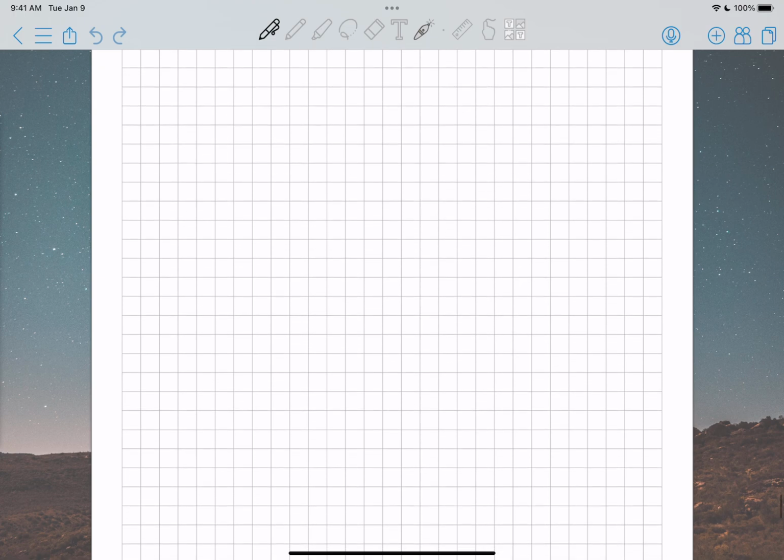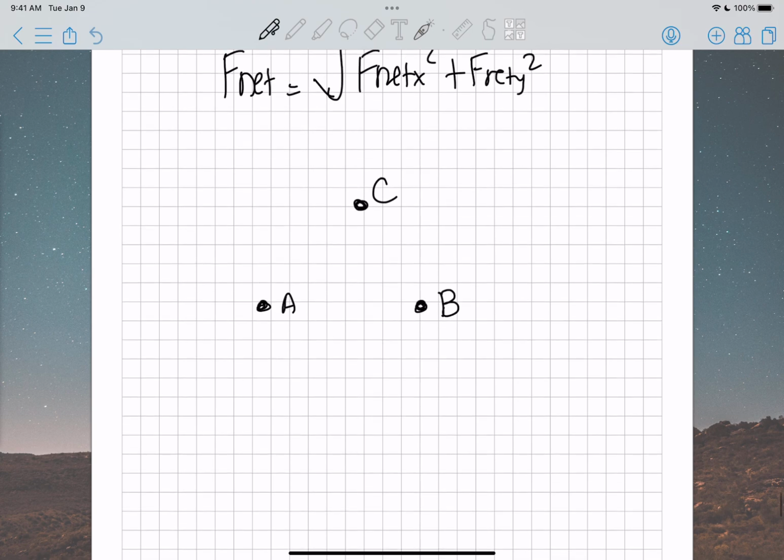So if I had points A, B, and then C off here, and this was a positive charge, this was a negative charge, and they're asking what's the electric field at C or what's the electrostatic force at C, then they haven't specified what C is, but I can assume by convention that it's a positive test charge. So directly between C and A, Matthew, how would C react to A? You can give me a rough direction.